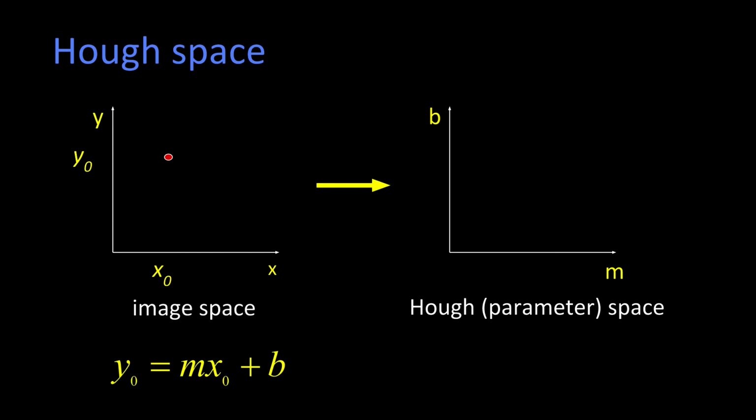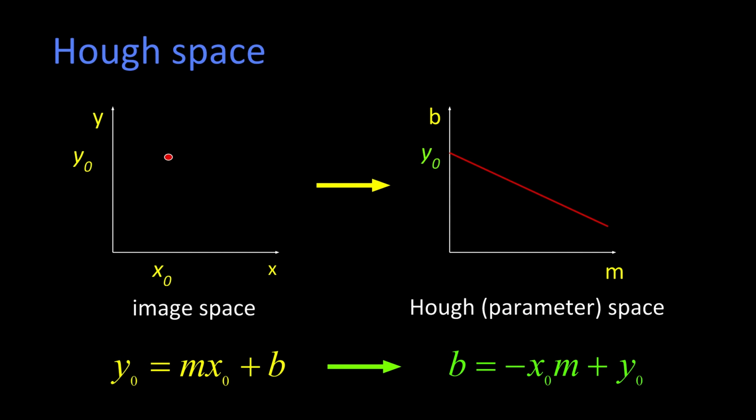Right? In order for it to go through the point x0, y0, it has to have an m and b such that this equation holds. Well, with some very simple algebraic rearrangement, that becomes b is equal to minus x0m plus y0. That's the equation of a line in MB space. In fact, it's a line with slope negative x0 and intercept y0.